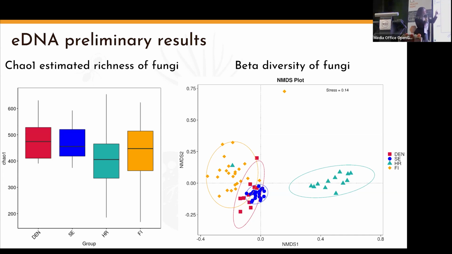The richness of fungi in Denmark, Sweden, and Finland is quite similar, but not the same as Croatia. The diversity is also the same. Each of these points represents one soil sample. The points in Sweden, Finland, and Denmark have a bit of overlap, but Croatia is a bit different.